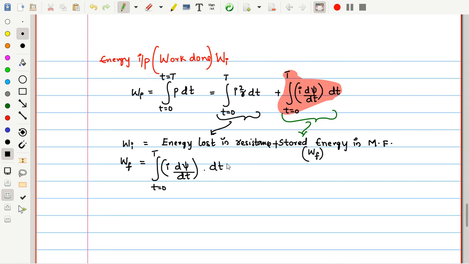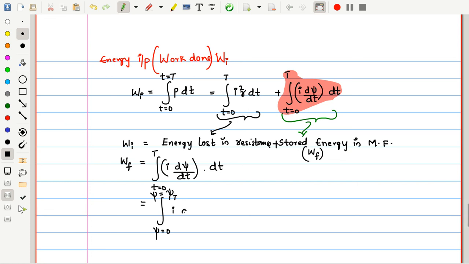Now here you can do two things. If we are applying the voltage, thereby flux is established, and if this integration needs to be with reference to flux linkage, then if I cancel this dt dt, I should take the corresponding flux linkage limits, that is psi equal to 0 to psi equal to psi suffix t, meaning for the t interval how much flux linkage is associated with the coil, that is psi t.